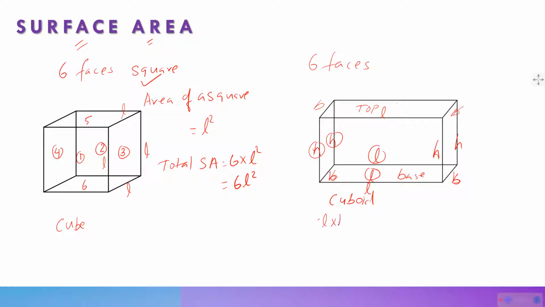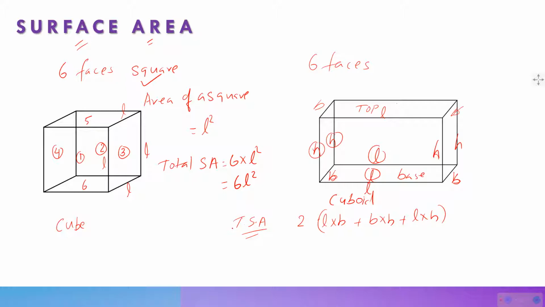Length into breadth will be there 2 times, breadth into height will be there 2 times, as well as length into height also will be there. So we developed the formula 2 into (length into breadth plus breadth into height plus length into height) as the formula for calculating the total surface area, which I can write as TSA, in the case of a cuboid.